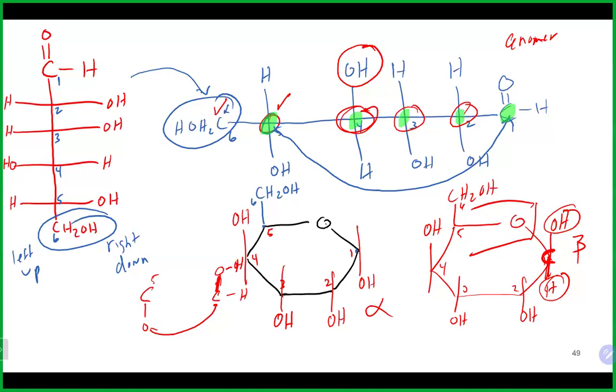But ultimately, the hydrogen on the OH on number 5 is going to shift over to the carbonyl oxygen and make an OH group there. Then that allows the oxygen on number 5 to be really attracted to the carbon, and that's what initiates the closing of the ring.